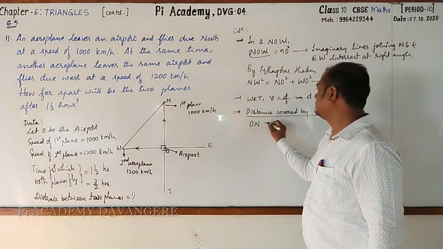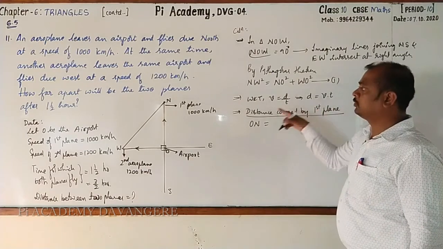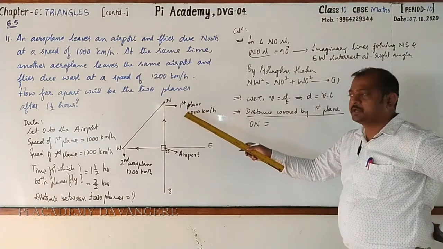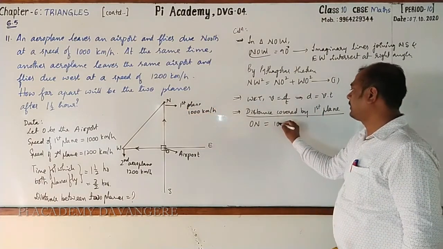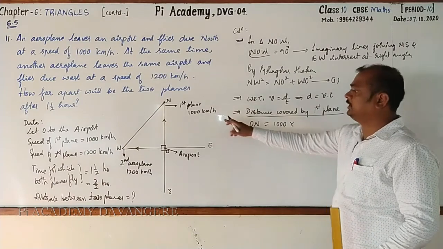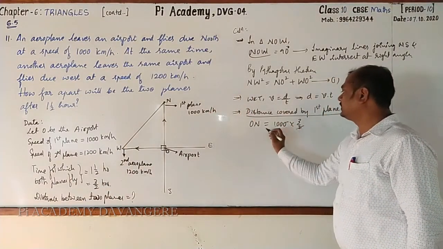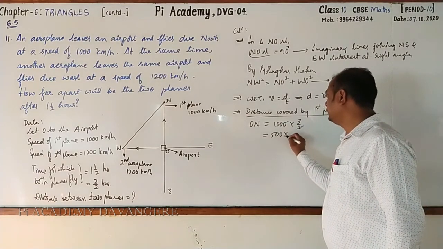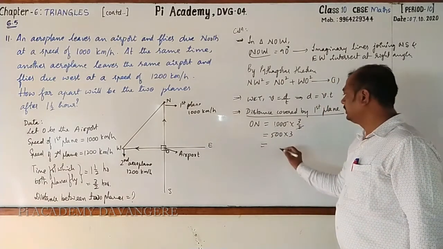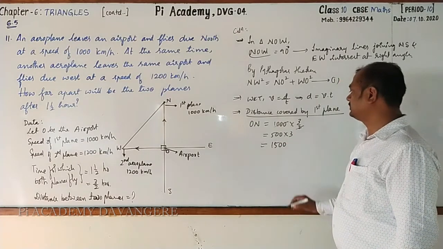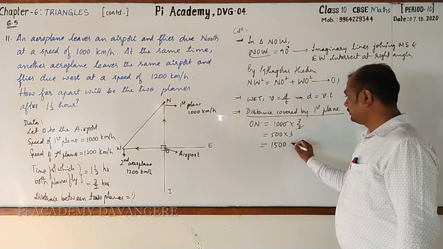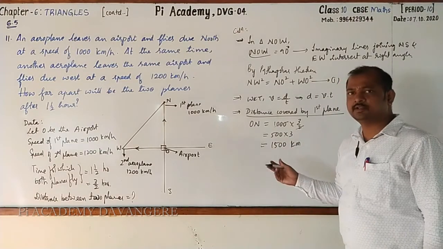OL is equal to speed into time. What is its speed? Speed of first plane is 1000 into time. Time is 3 by 2 hours. 1s are 500 into 3. How much will it be? It is 1500 kilometer. Is it not simple?